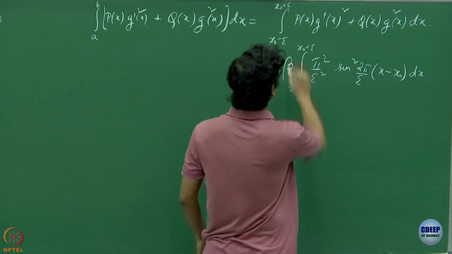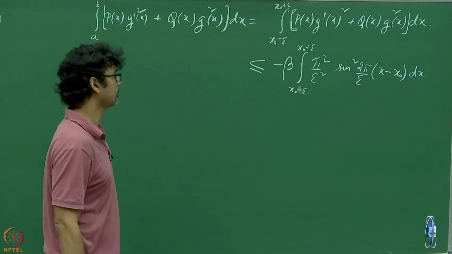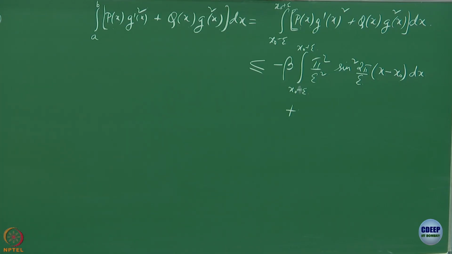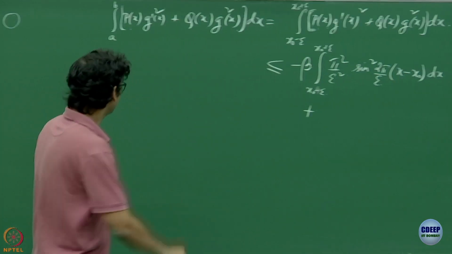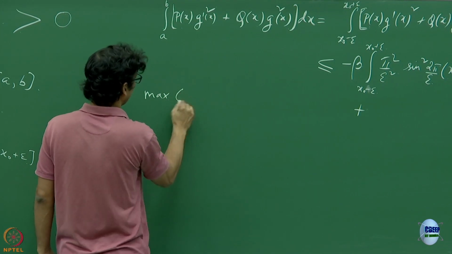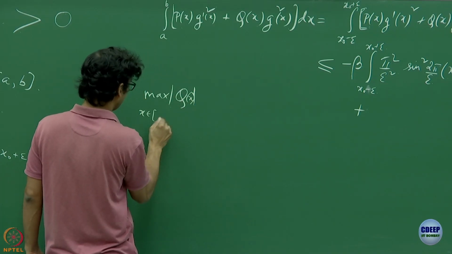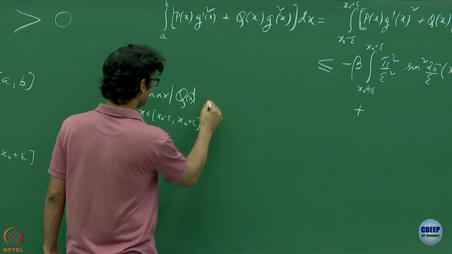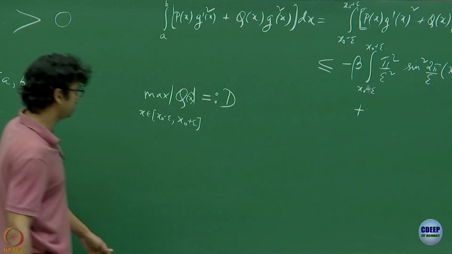What about the other term? Well, within this small little interval, q is bounded in its magnitude by some number, say d. So suppose the max of x belonging to x naught minus epsilon to x naught plus epsilon is d.